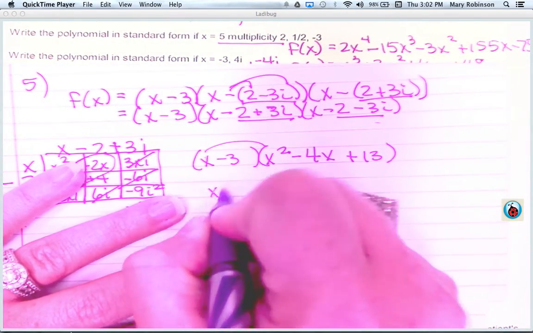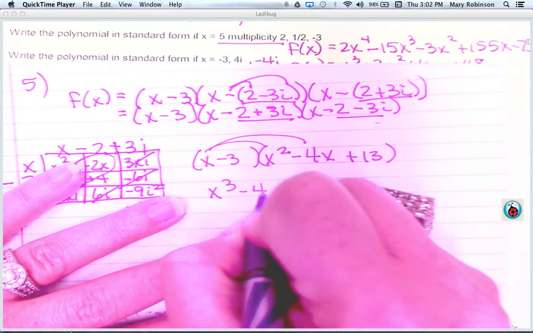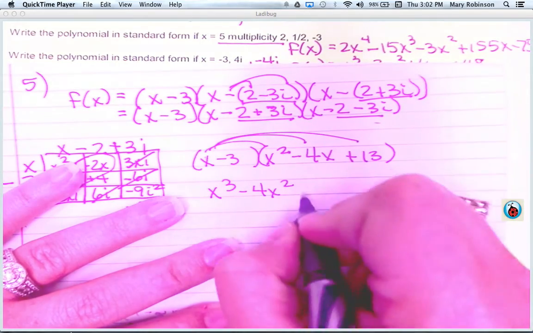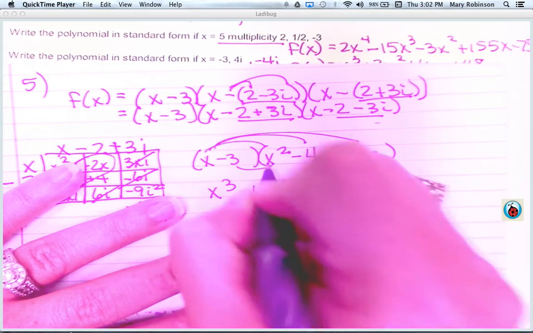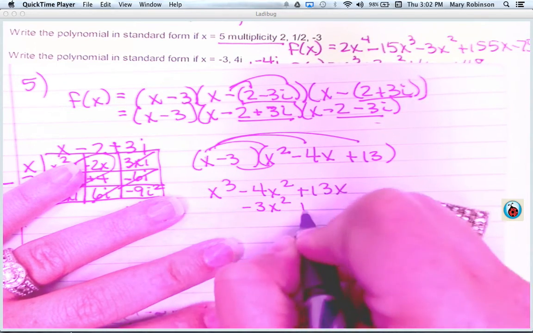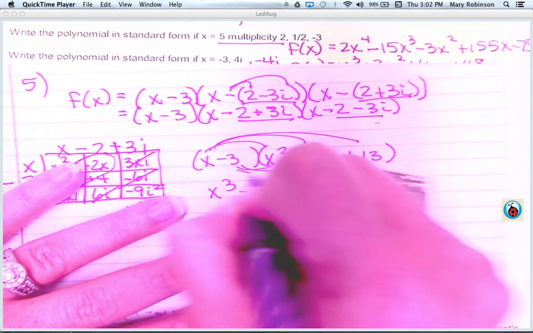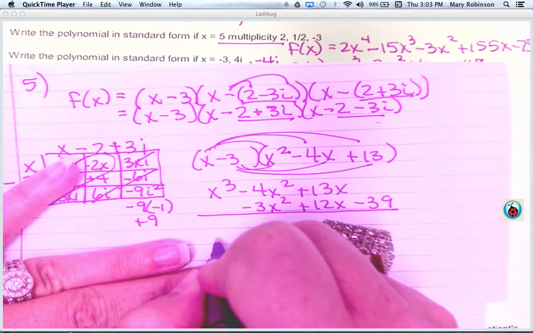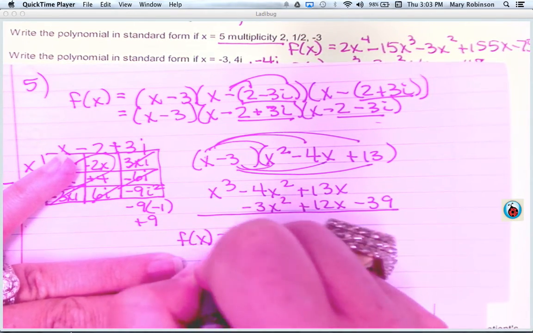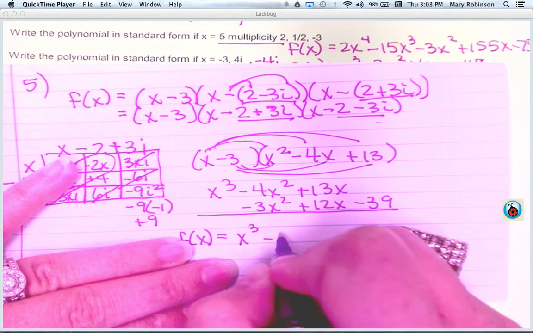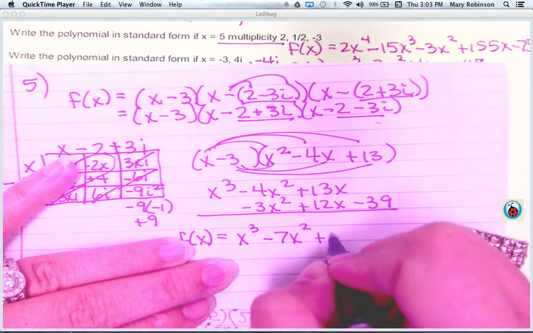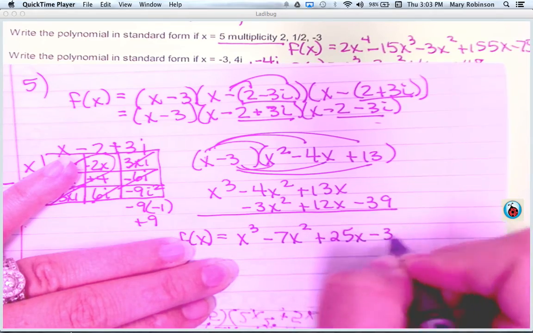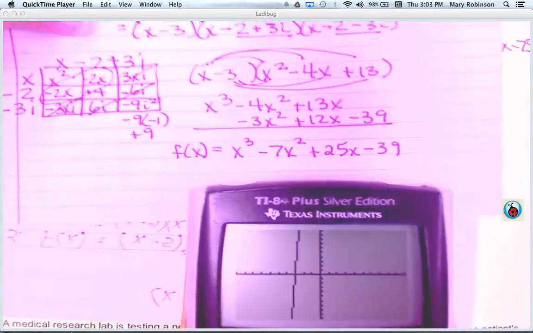I'll just distribute here: x cubed minus 4x squared plus 13x minus 3x squared plus 12x minus 39. So we should end up with a polynomial f of x equals x cubed minus 7x squared plus 25x minus 39.